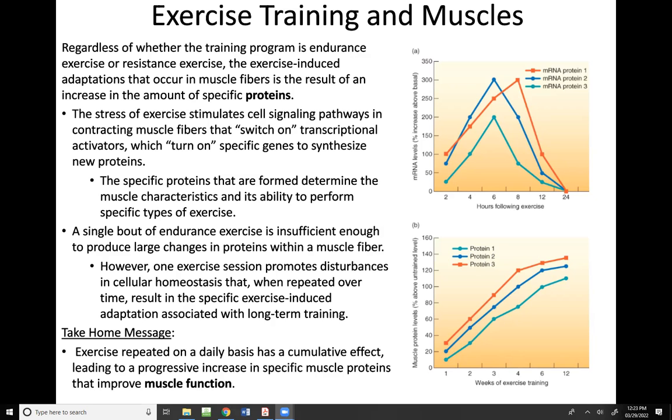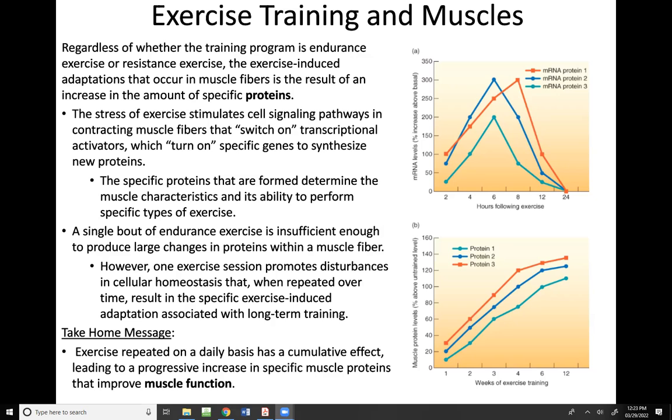So the take-home message is that exercise repeated on a daily basis has a cumulative effect, leading to a progressive increase in specific muscle proteins that overall improve muscle function. And that just reiterates what we've talked about since the very beginning of the semester: if something's getting done in the body, chances are a protein's doing it. When muscles get built better by stressing them over and over again, they work better because they have more proteins, and those proteins produce that more efficient function.